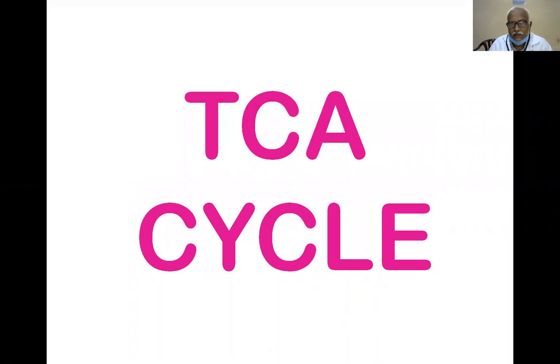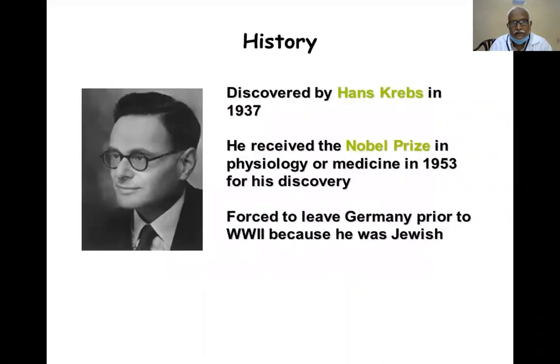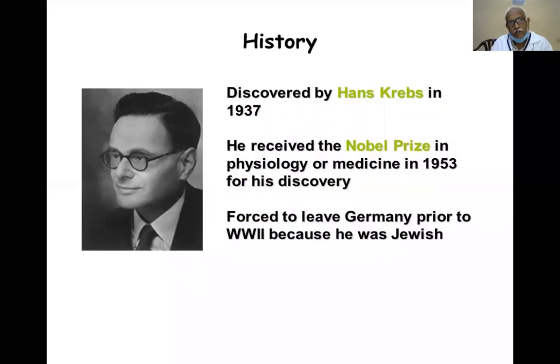So the tricarboxylic acid cycle was discovered by Hans Krebs long back in 1937. He received the Nobel Prize after many years, in 1953, for this discovery. He was forced to leave Germany prior to World War II because he was a Jewish man.